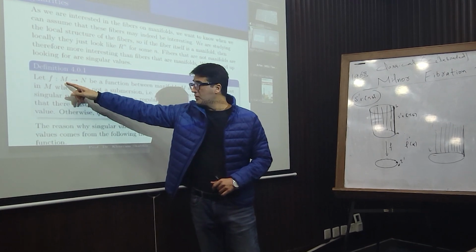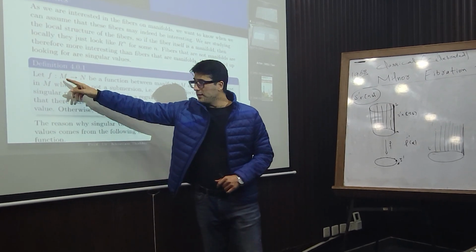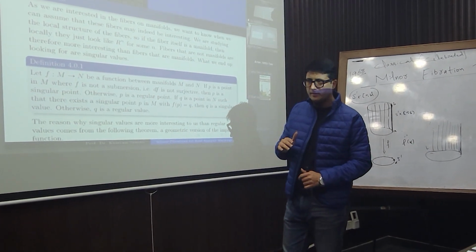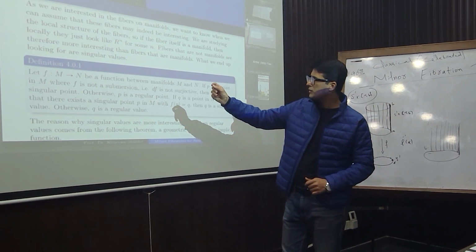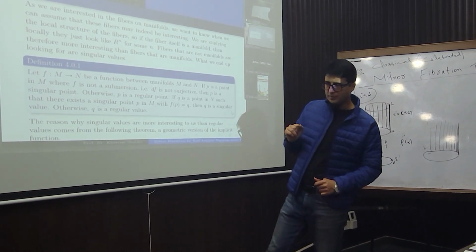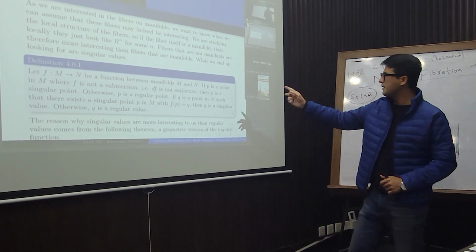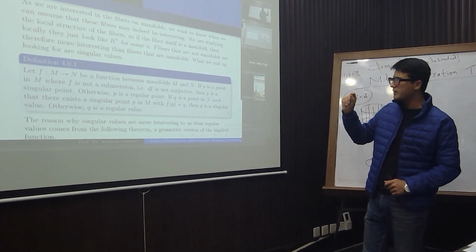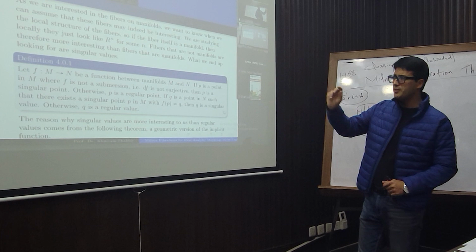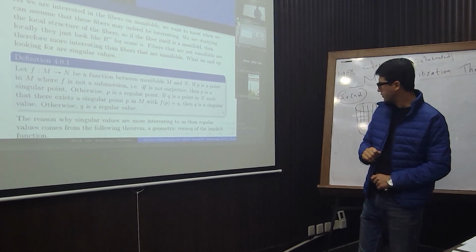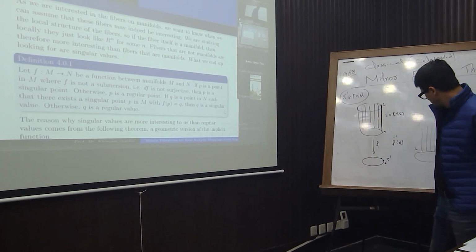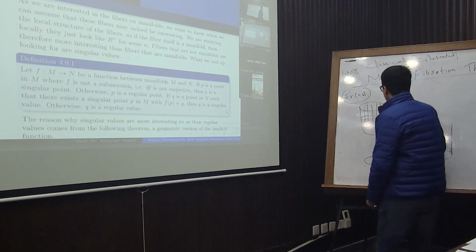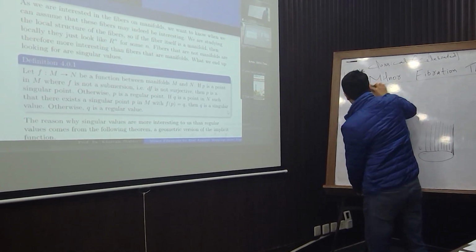But if the rank of that Jacobian matrix is less than n, in that case only the singular points exist. So if the point P on M is where the function is not a submersion, then that point is called a singular point. Yes? So this was about the singular point.